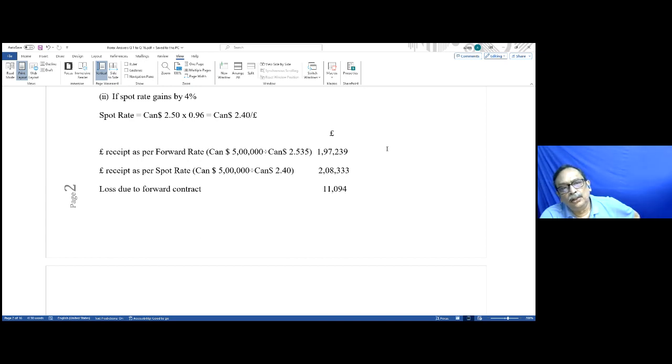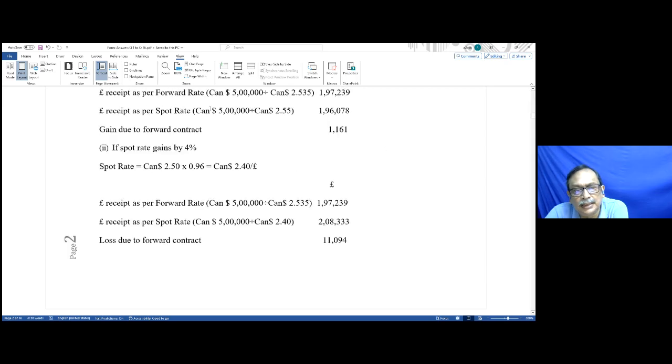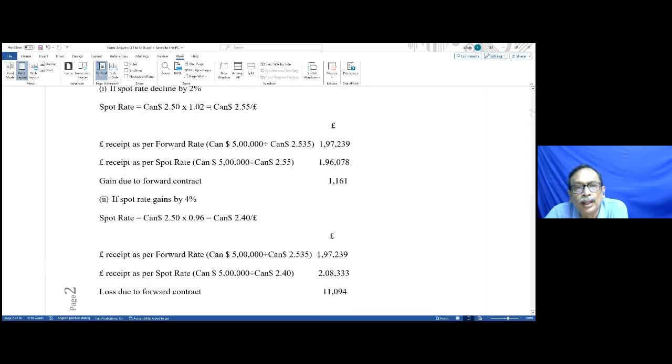Hence, loss due to forward contract will be the difference between these two, that is 208,333 minus 197,239. So it comes to 11,094. So if spot rate gains by 4%.